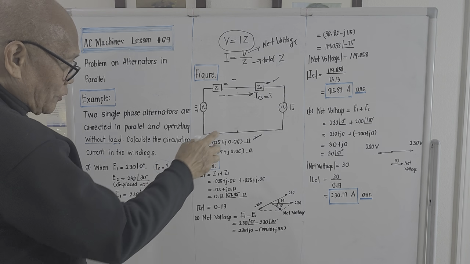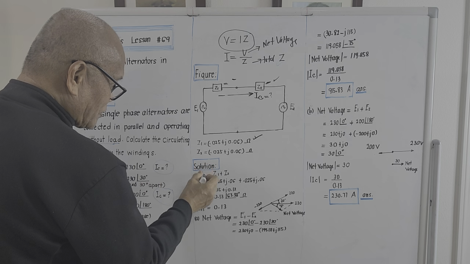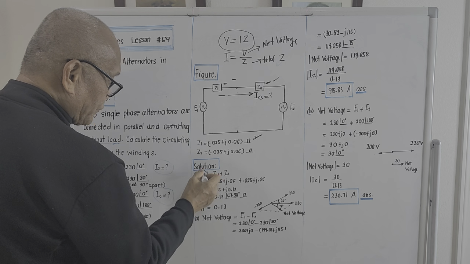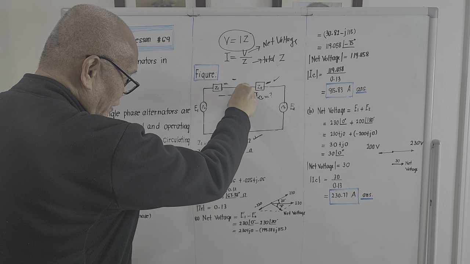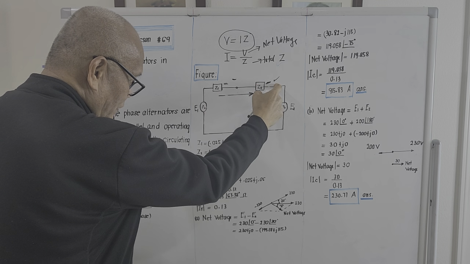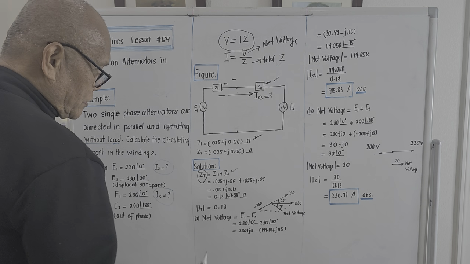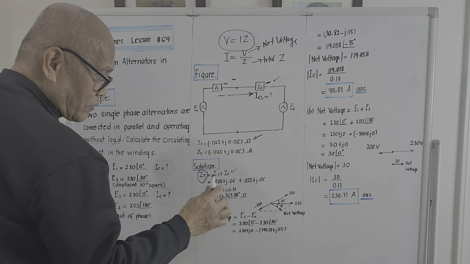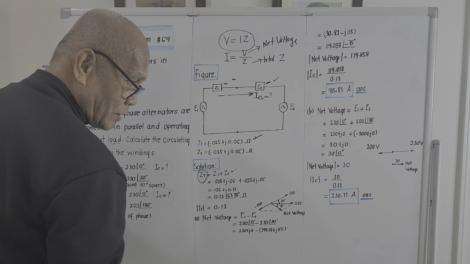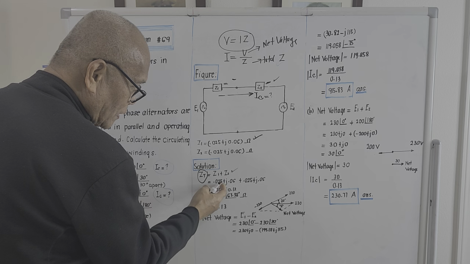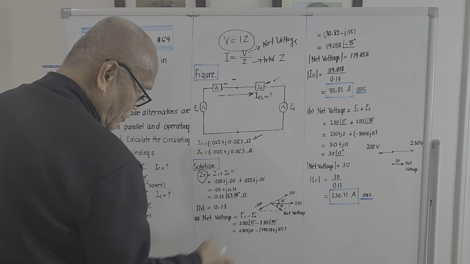So if we try to compute the circulating current, we must take the sum, Z total. Z1 and Z2, when the load is disconnected, they are in series. So it will simply be Z1 plus Z2. Since the impedances are already in the so-called rectangular form, that's an easy one already. 0.025 plus j0.06 plus 0.025 plus j0.06.